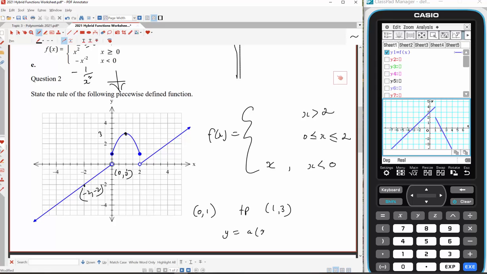So what we can do is use our knowledge of turning point form. y equals a(x - 1) all squared plus 3. So I've just put in the turning point in turning point form, and I'm just going to use (0, 1) to find out whether there's a dilation factor.